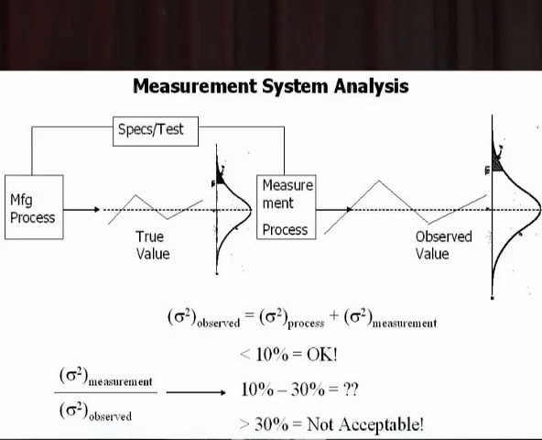Now, what do we see here? We have a process, and a process has an output. There is what we call a nominal value or the target value, and the upper specification limit and lower specification limit, and the actual item being produced.